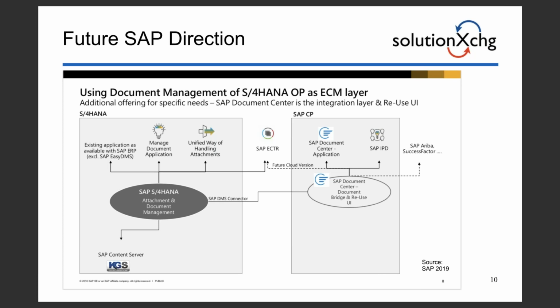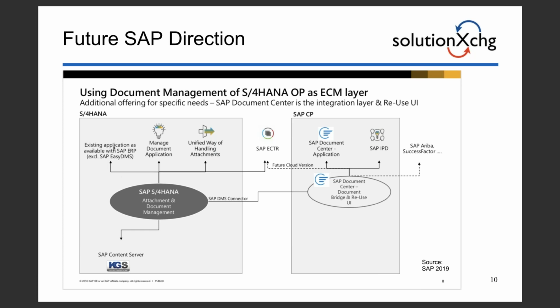And I added the KGS logo here to this slide to showcase that any archive link compliant service can be connected to S/4HANA on-premise architectures in the future. That is SAP's strategy until at least 2025.